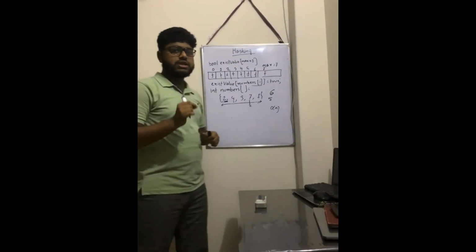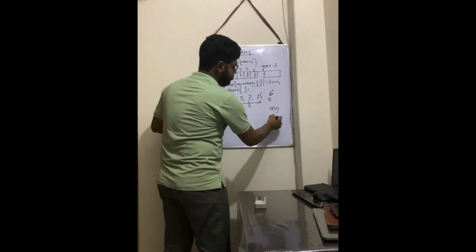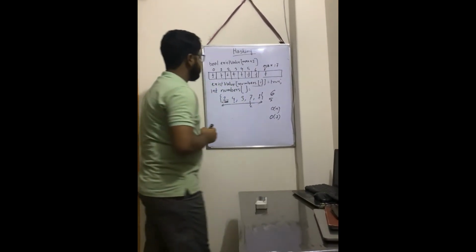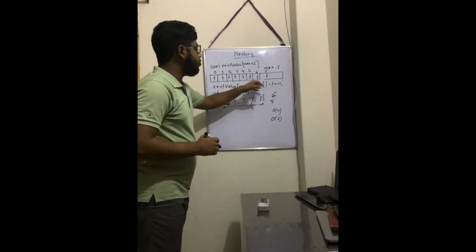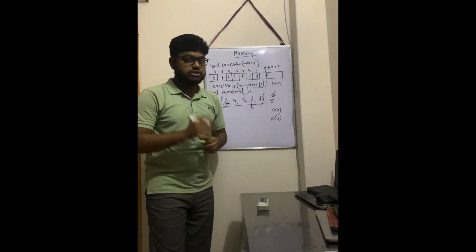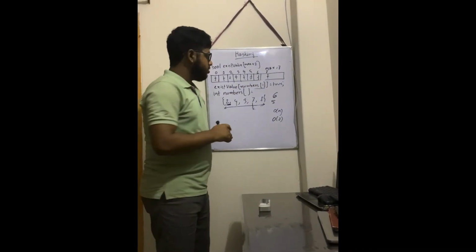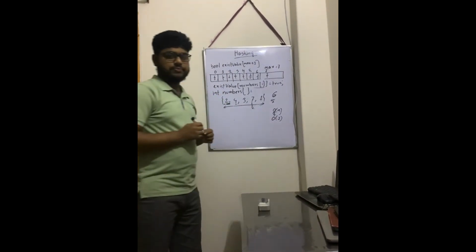But if we use hashing, then the complexity is O(1), just one operation. Just check whether the exist value at that index is true or false. So there is a big difference between O(n) and O(1).